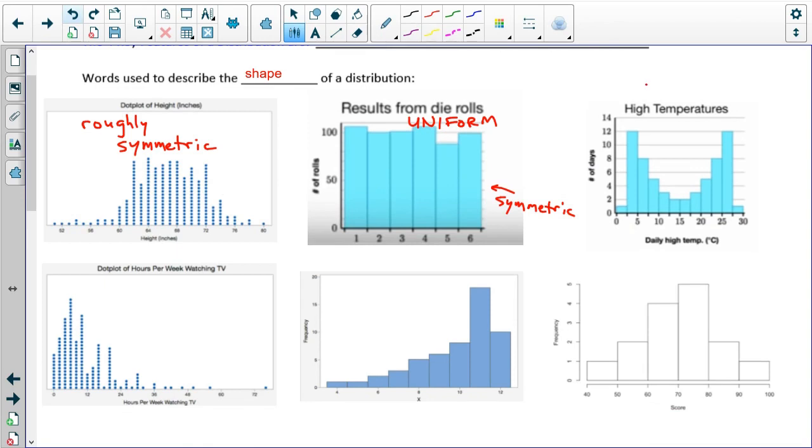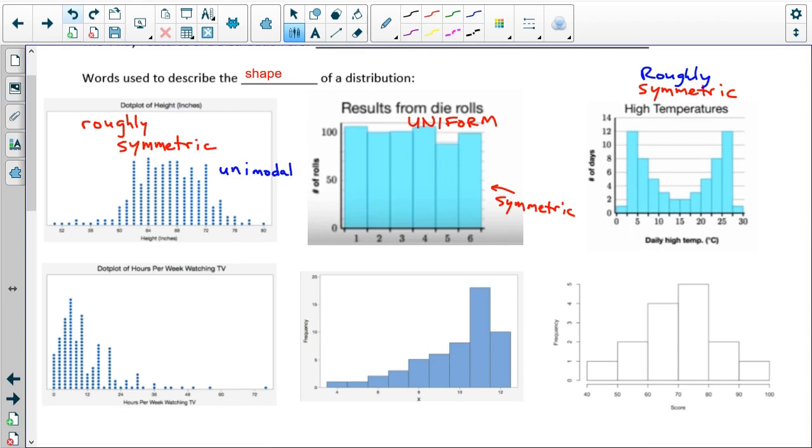This third one is also symmetric, but we can be a little bit more specific on this one as well. So, roughly symmetric, approximately symmetric, something like that. If we're looking at the one on the far left, we would probably call this unimodal and symmetric.